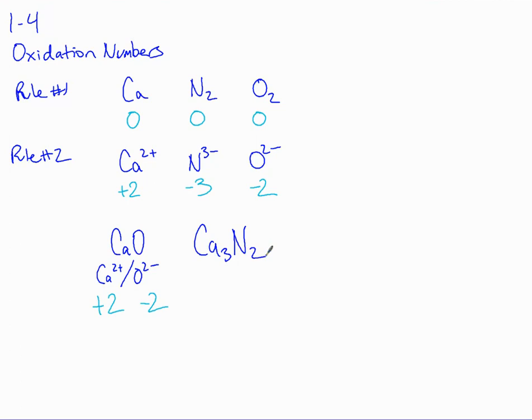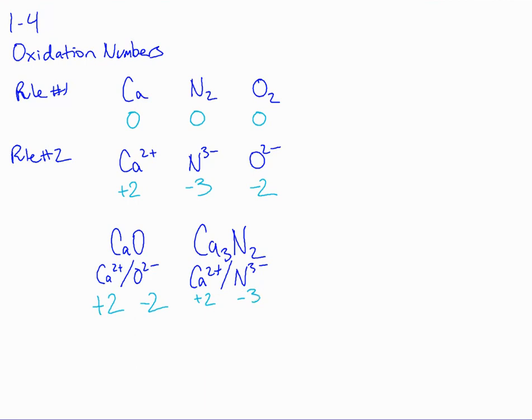Calcium nitride. So calcium, we have Ca2 plus. Nitrogen, we have 3 negative. And so the oxidation numbers here individually are plus 2 and minus 3.